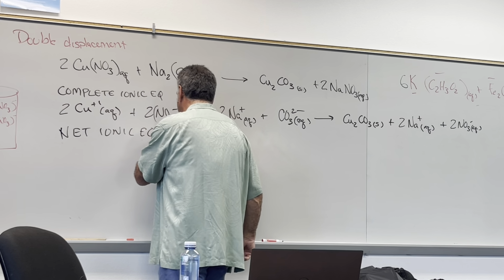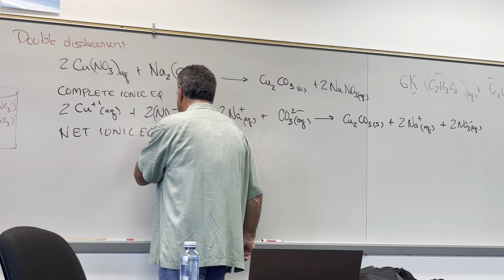So you have 2 copper ions here. On this side you have a solid. So we can bring the solid down, Cu2CO3 solid, and the copper down, 2Cu, AQ.